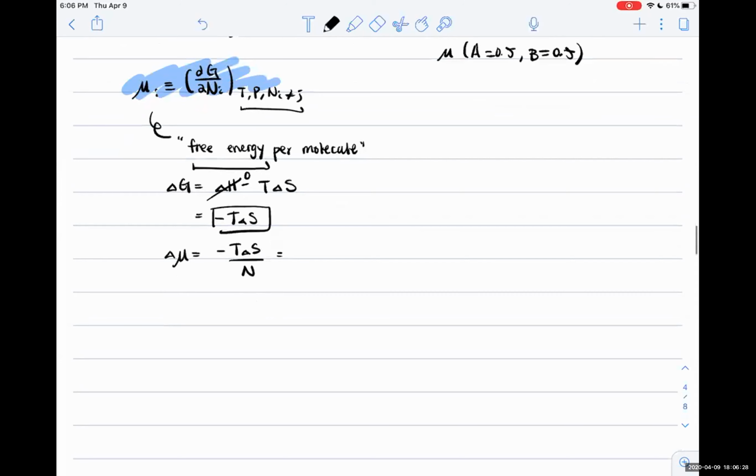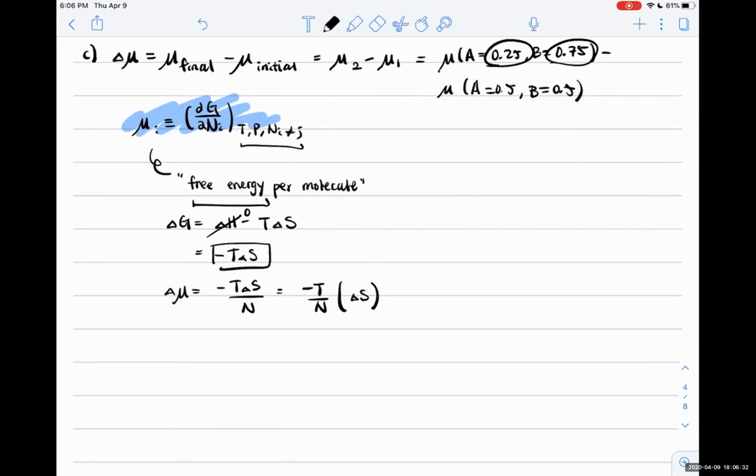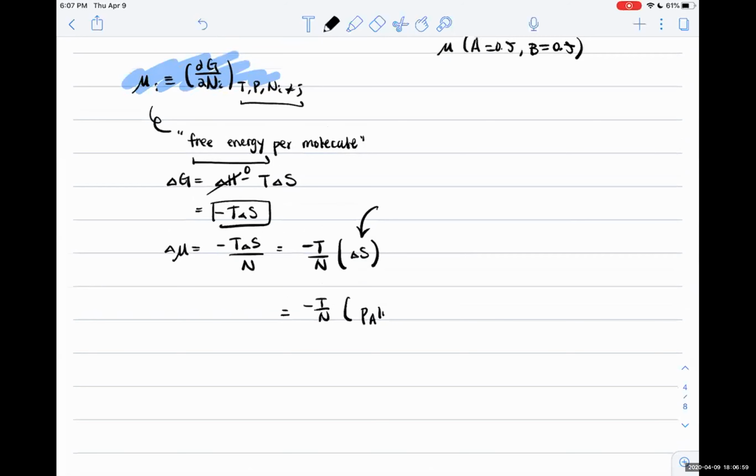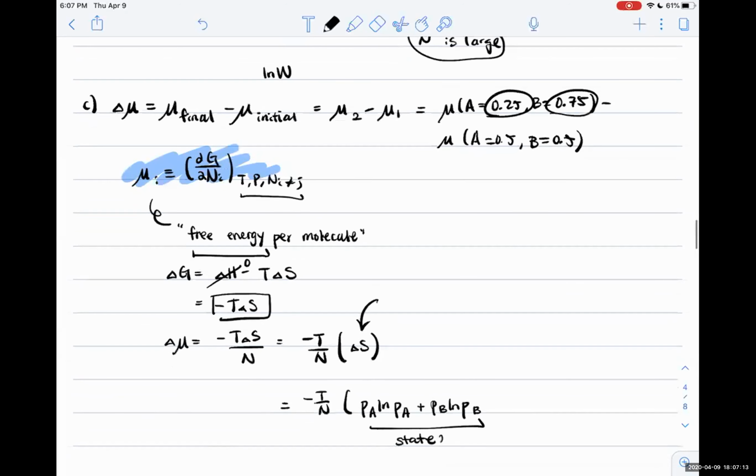So we're going to use that formula, moving everything outside, and we're going to use the probabilistic definition of entropy to calculate, and it will essentially be... okay.